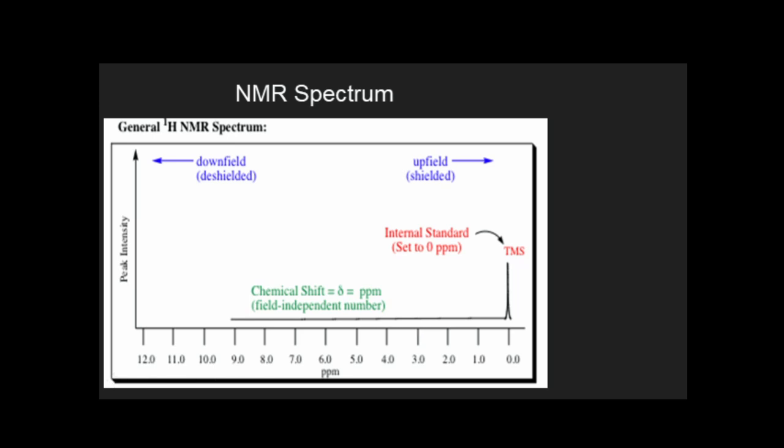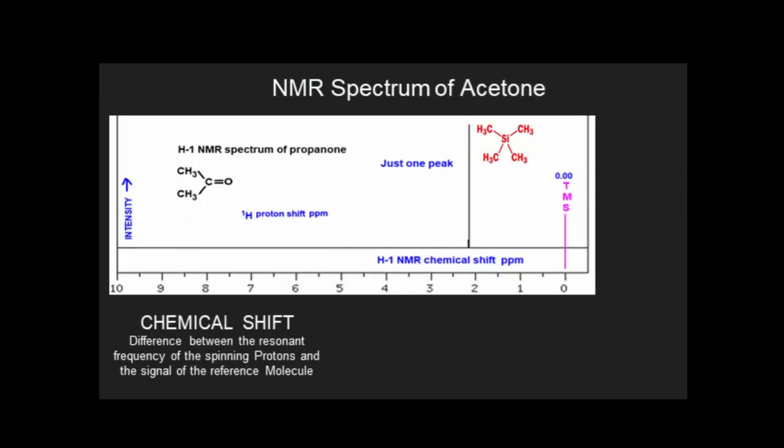Suppose we take acetone, for example. Acetone has 6 protons. If you analyze acetone, there are two CH3 groups present, possessing 6 protons.